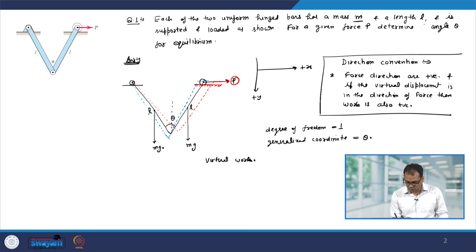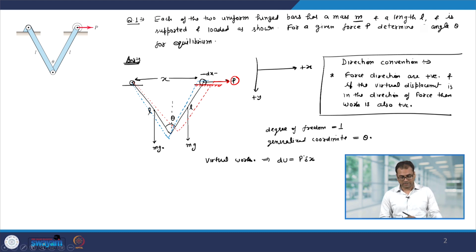Because of this force P, let us say this is x, because of this force P, this bar is going to displace by a length dx. Therefore, virtual work dU will be P dx because of that force P.